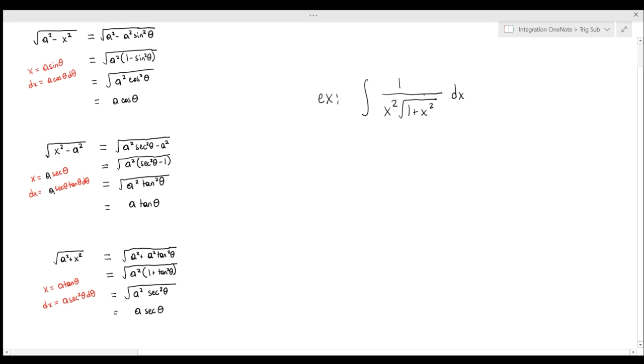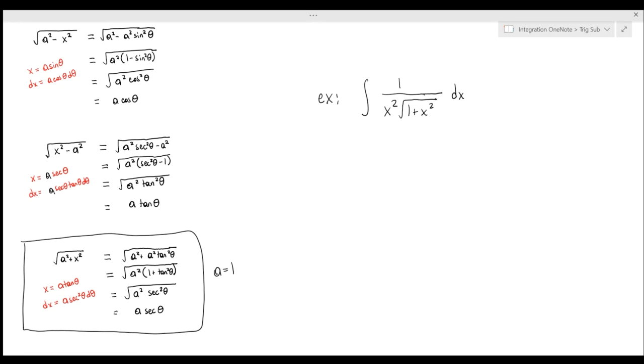All right, so let's see here. In this integral, we have a square root of 1 plus x squared in it. That resembles this situation here: the square root of a squared plus x squared, with my a being equal to 1, to get 1 plus x squared. So it looks like I should make the change of variables x equals 1 tangent theta, or just x is tan theta.